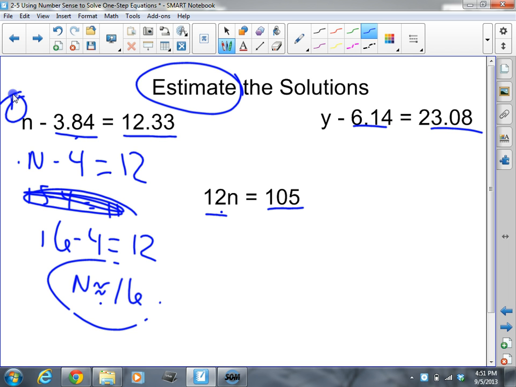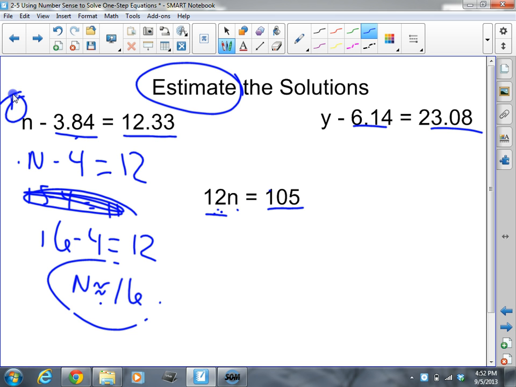Well, 12 is a nice, easy number. Let's keep that there. But 105, that's not a nice, easy number. So I'm thinking, something times 12 equals something close to 105. Well, let's think. 12 times 5 is 60. That's too small. 12 times 7 is 84. I'm getting closer.